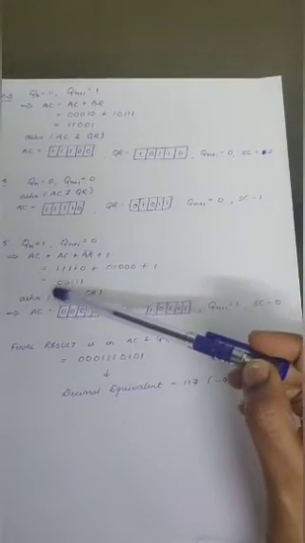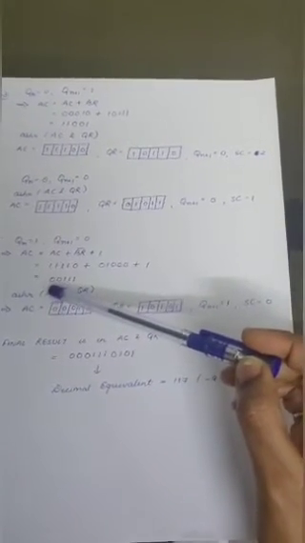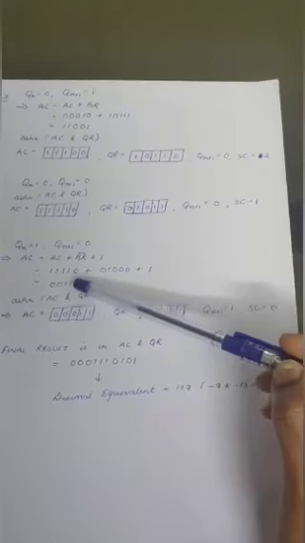Again, I need not change my sign bit, which is the most significant bit. This least significant bit will be captured by the most significant bit of register QR, and QR's least significant bit will be captured by Qn plus 1. The sequence counter will now be decremented and it has become 0.